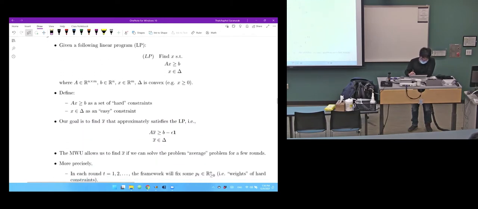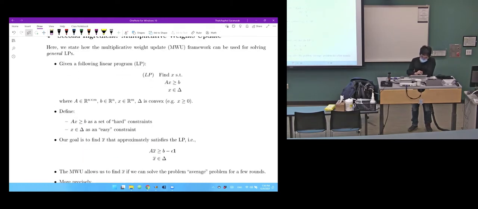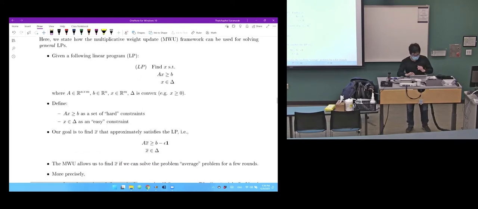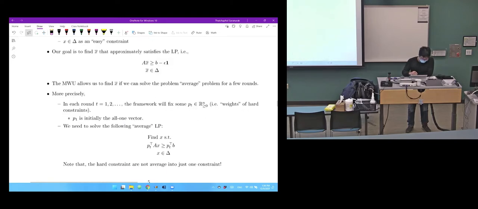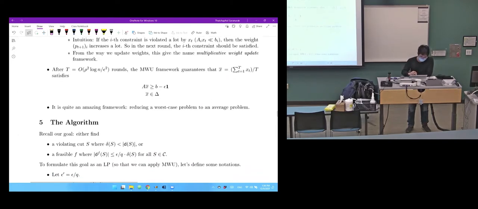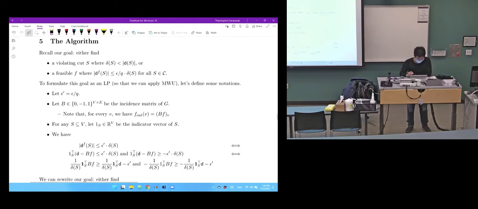Okay, and how do we do that? We will use something that we call a multiplicative weight update. I will not recap this part. I will just try to recap it when we need it.